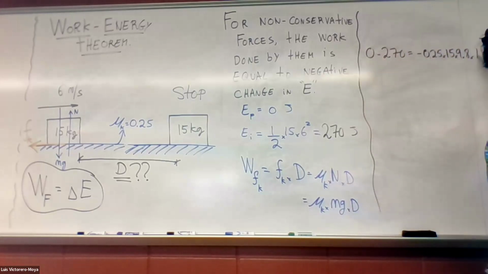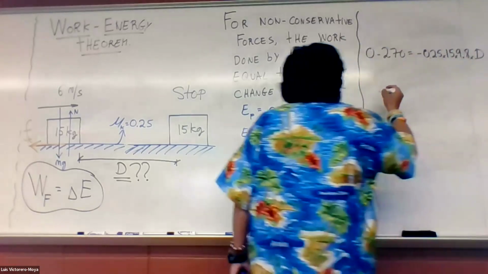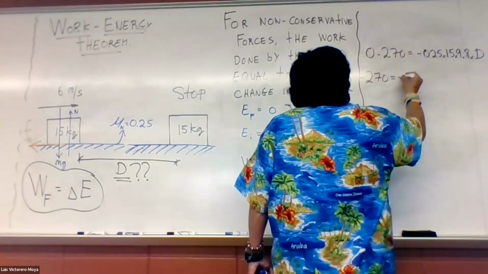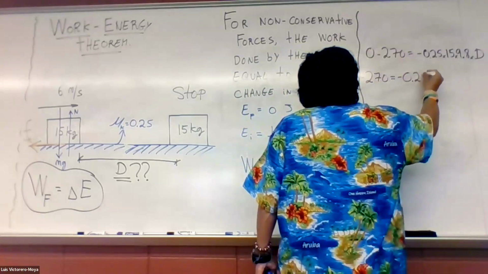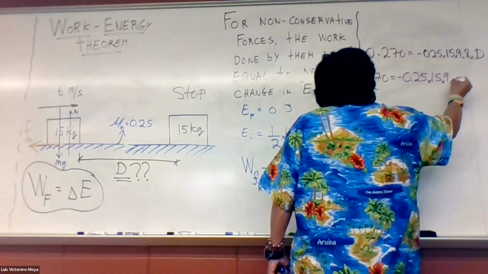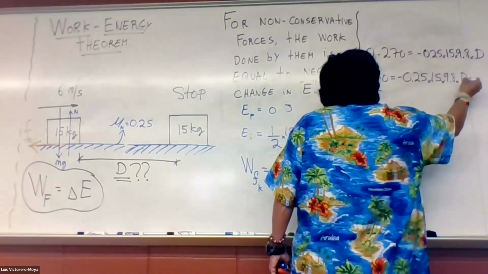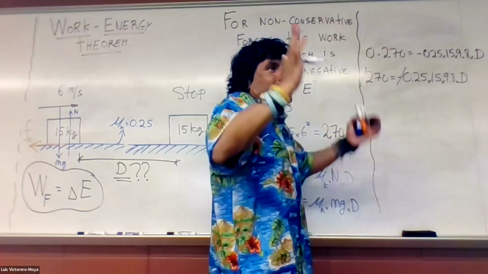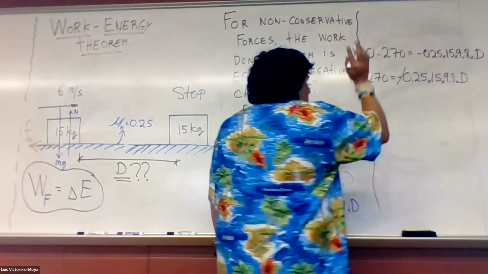You want to find the distance here. There you are. So negative 270 is negative 0.25 times 15 times 9.8 times the distance. Negative and negative end up dropping. So it's just a sign that you drop.